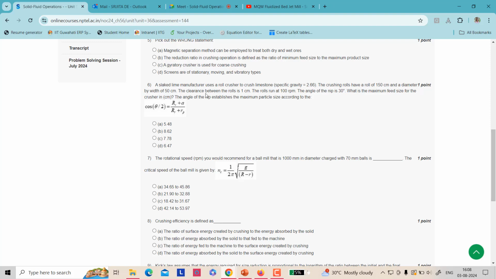The clearance between the rolls is 1 centimeter, meaning D is 1 centimeter. Yes, D is 1 centimeter.